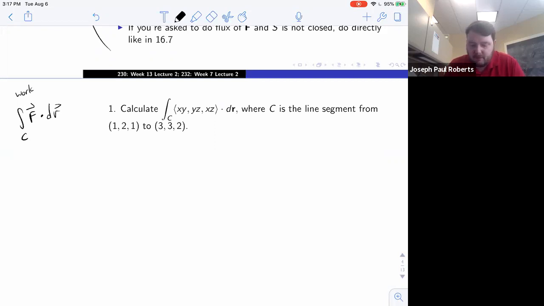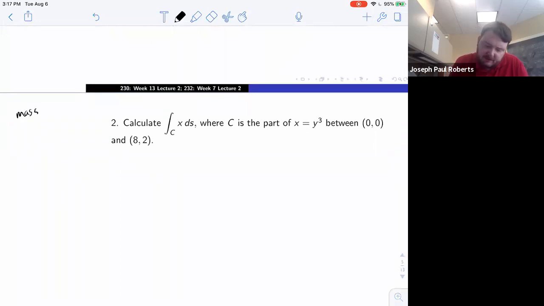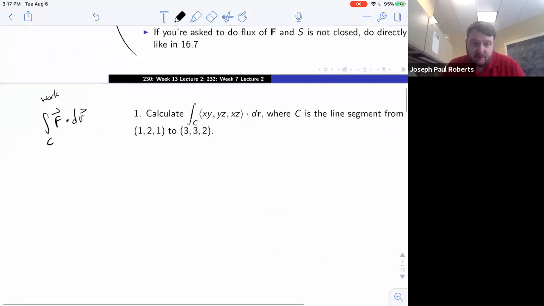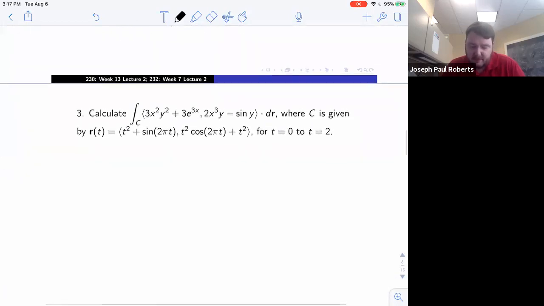It's asking about a line integral of a vector field, dot dr. Whereas this is the mass of a wire. So the questions we're going to ask ourselves for this compared to this one are very different. So let's just go through and do that for all of these.